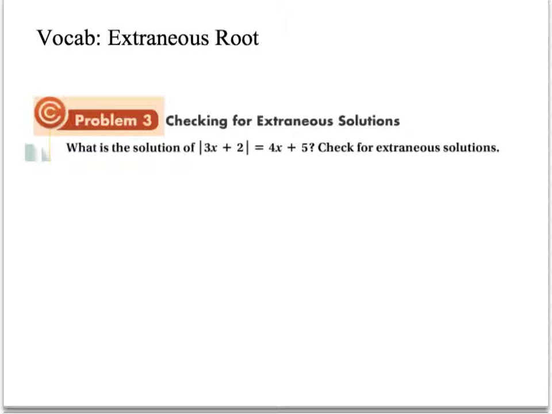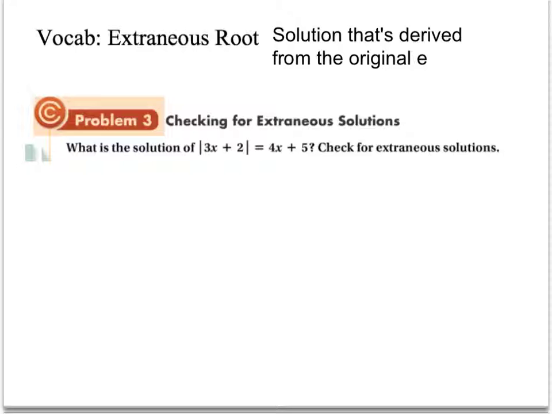So what an extraneous root or an extraneous solution is, it is a solution that's derived from the original equation, but does not make the original equation true.